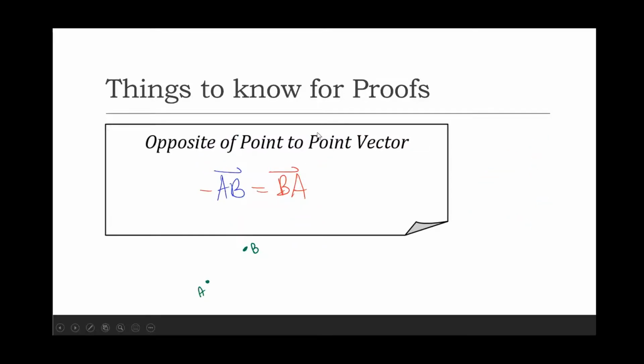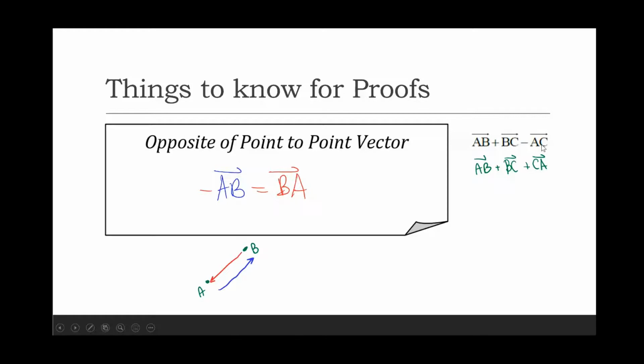Another important thing to note is that if you have two points A and B, and this red vector BA is pointing from B to A, and vector AB would be pointing the other direction, they would be made equal to each other as long as you put a negative in front and swap the order of the letters. Why is this one useful? If you take a look at this expression here, you cannot put these two together because they don't have addition in between. So what you could do is rewrite this last one as positive CA.